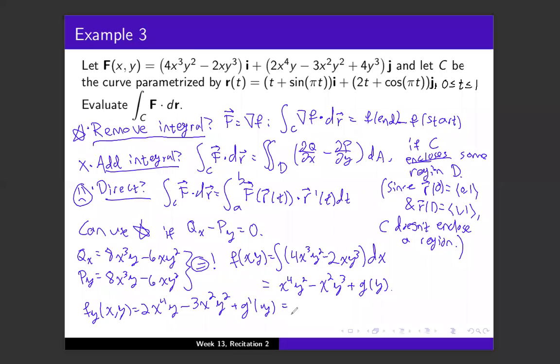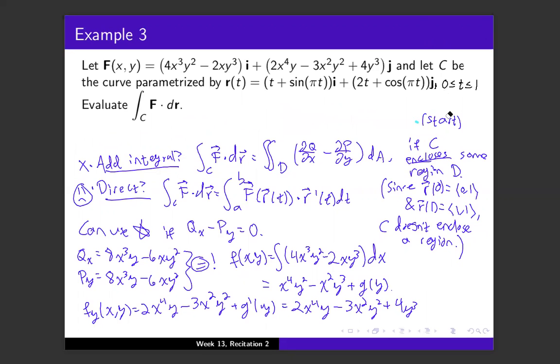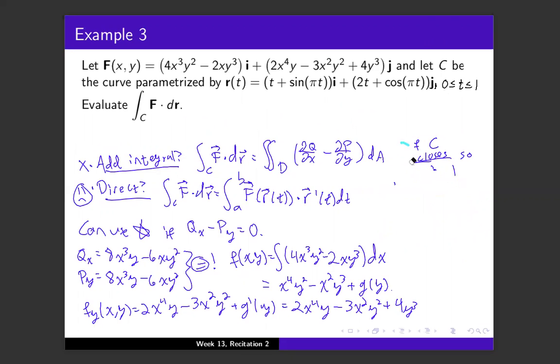But that has to be the same thing as 2x to the 4th y minus 3x squared y squared plus 4y cubed. So if you give me a second to erase some stuff, the upshot is we now know what g prime of y is. g prime of y is going to be 4y cubed, and that makes g relatively easy to figure out.